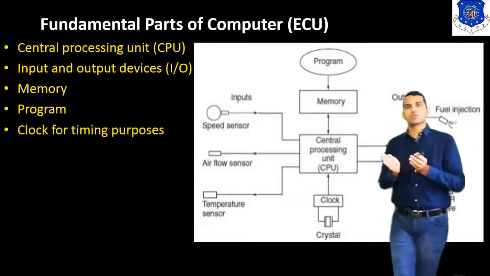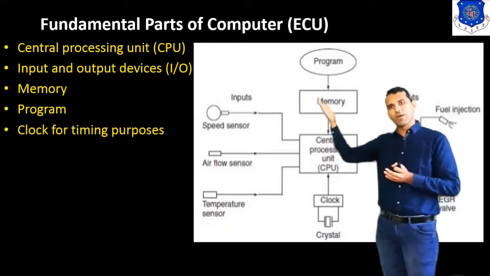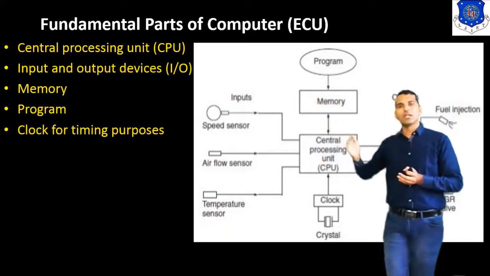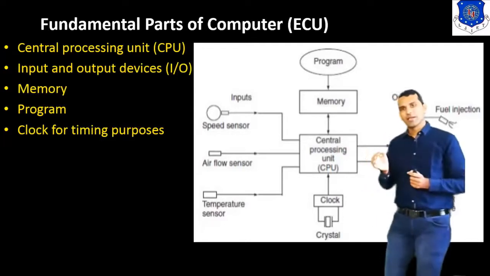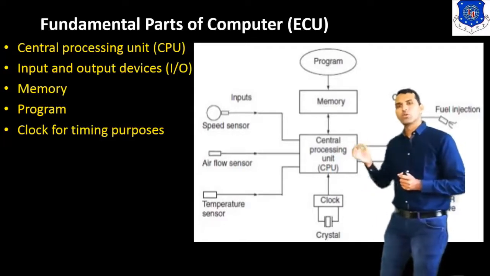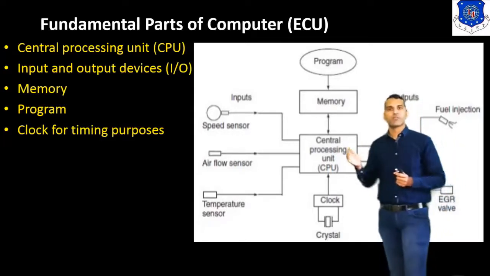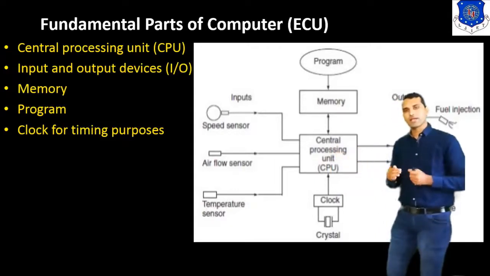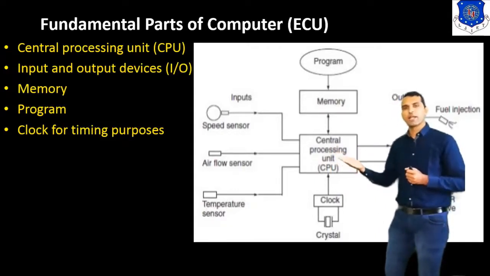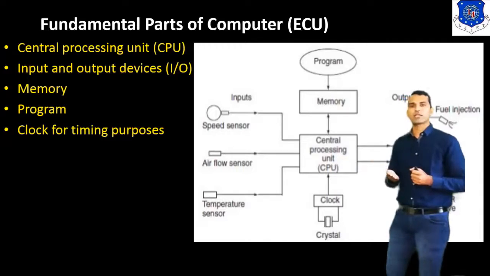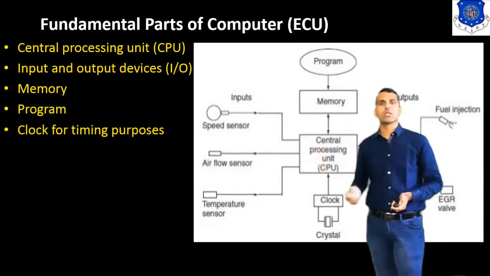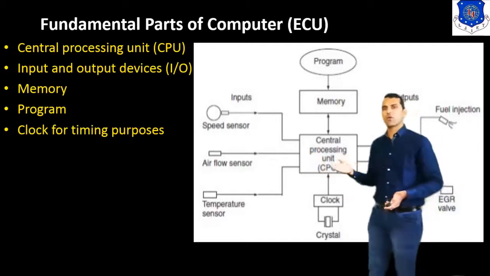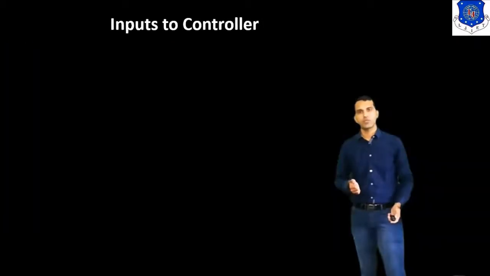If the data does not match the predefined data of the memory, then an error is generated, and this error signal can be controlled through the output. That means the CPU takes the appropriate action and provides the output action by using the actuator. So this is the basic fundamental block diagram of the ECU.